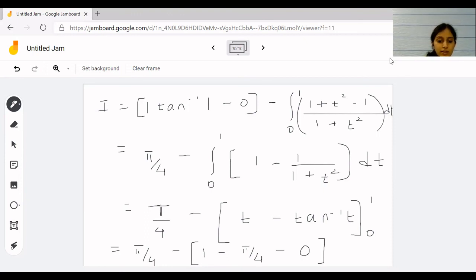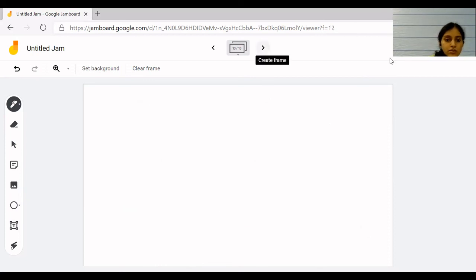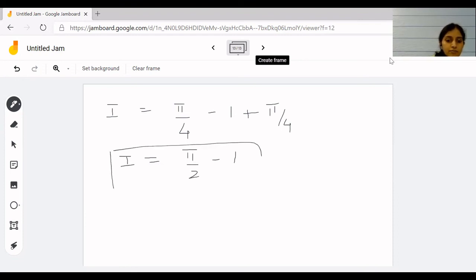Let us open the brackets. You will have pi by 4 minus 1 plus pi by 4. So the final answer is I equal to pi by 4 minus 1 plus pi by 4, which is pi by 2 minus 1.